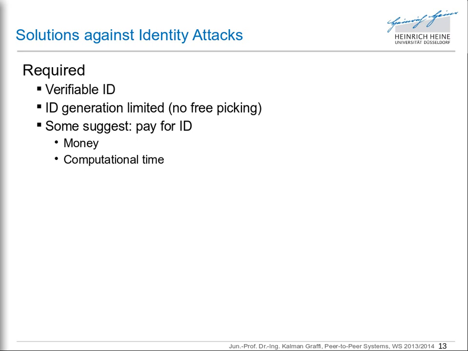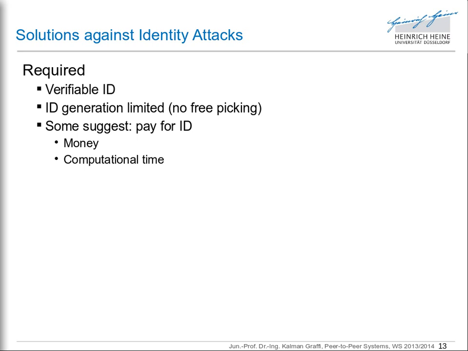We have something like pay for your ID. First of all, you can pay money to get an ID, but this approach was not accepted as no one would pay money to get an ID for an overlay. The other suggestion is to pay with computational time. So the user has to pay with its time.